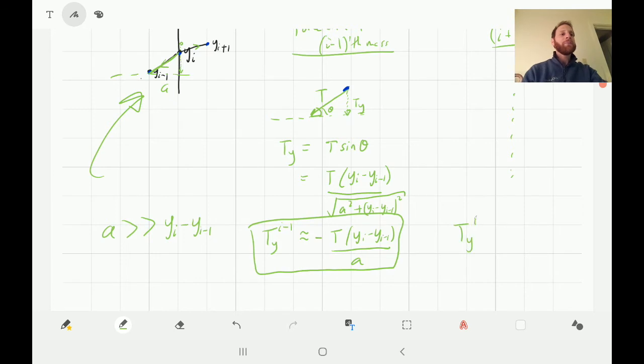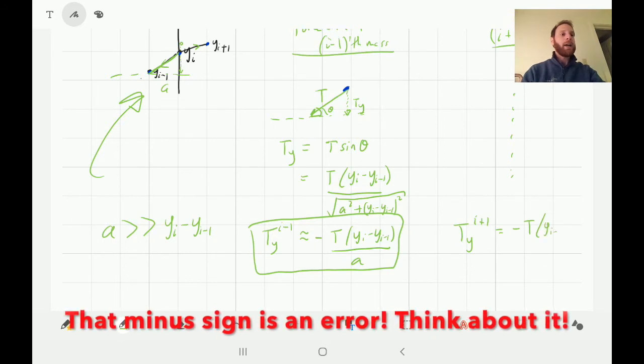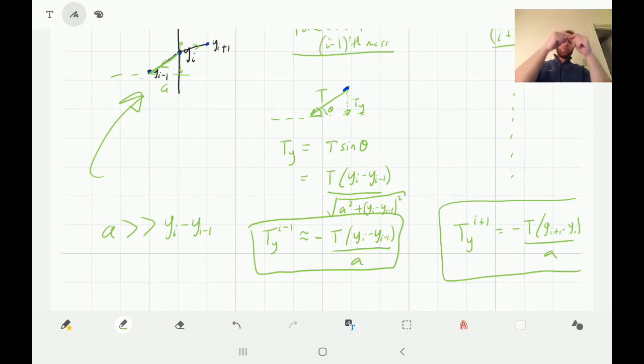If we did this, we would get, for the next one over, T times yi plus 1 minus yi, divided by a. Good, so that's what we would have. We'd have to add up those two y component forces, and that would tell us how much force is either pulling that ith mass down or up.